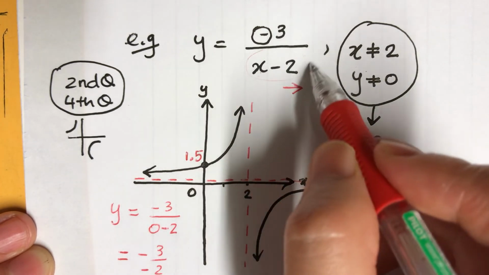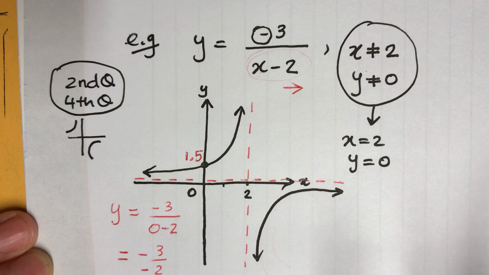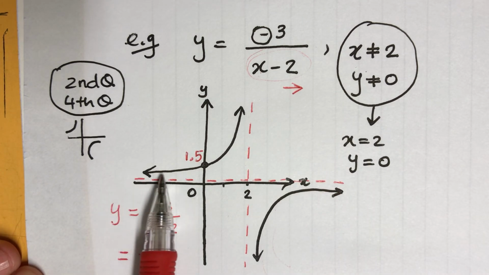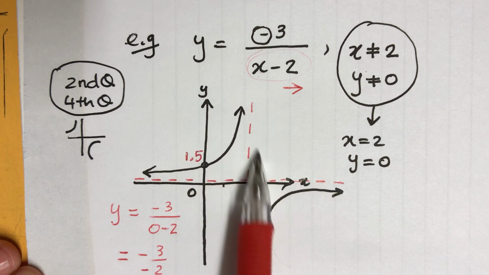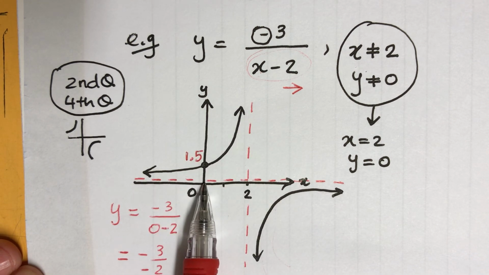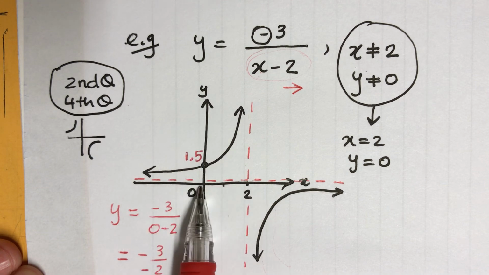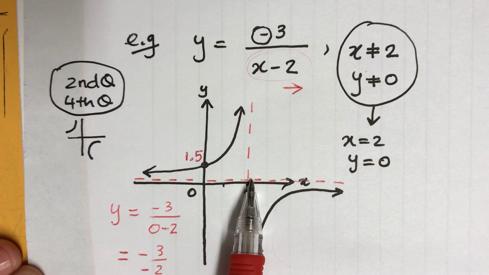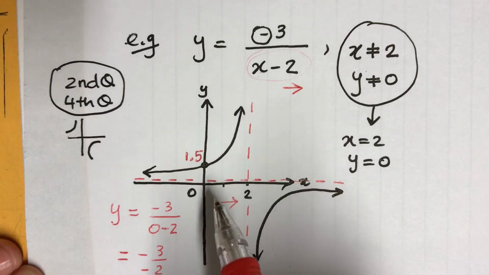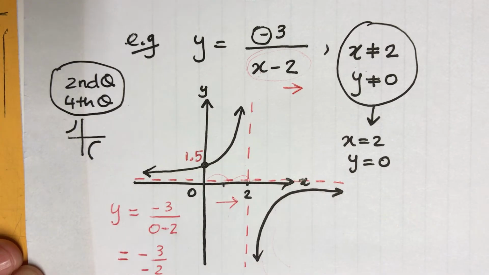I think it's similar to what we've done in the parabola. So this was what happened. If you think about it, these red dotted lines actually moved from the 0 x-axis and y-axis, 2 spaces to the right.